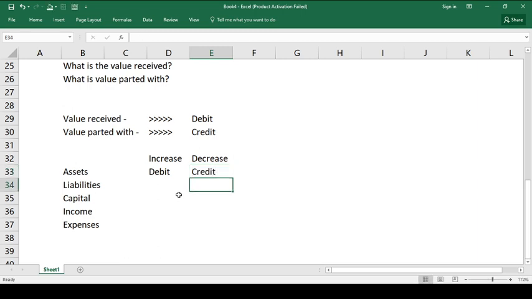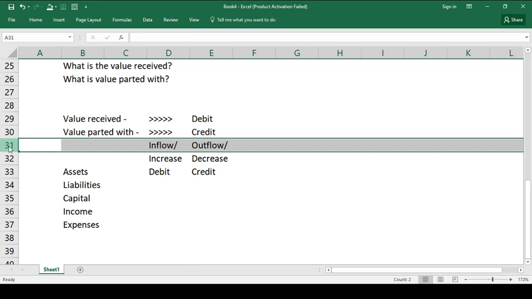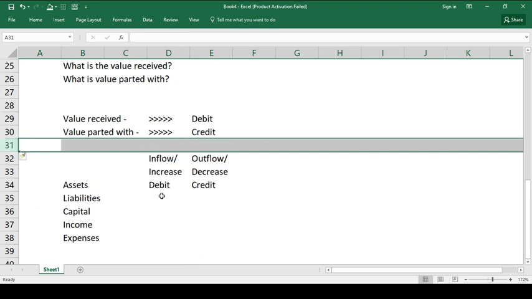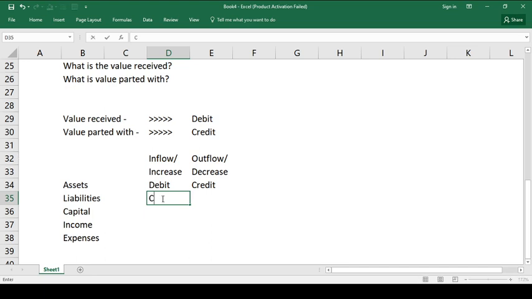So any increase in assets, habang nadadagdagan, an inflow of asset, may papasok na asset, is a debit. If there is an outflow of asset, there is a credit. How about, sir, in liabilities? There is an increase in liabilities if it is on the credit side.